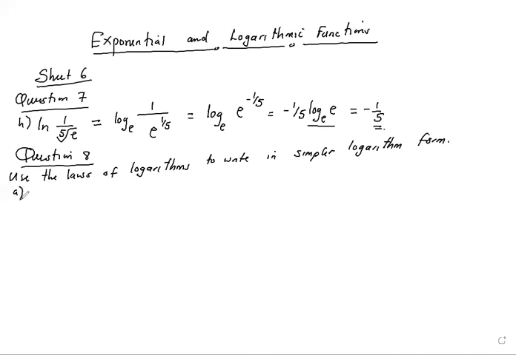Okay, the first one is log base 7 of 10 multiplied by a to the power 7, and then b to the power 3, and then c to the power negative 8.